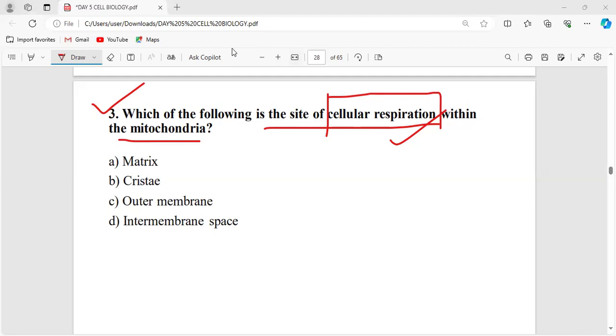And what will be the gross ATP? Whenever I'm asking how many ATP, you should always consider the gross. Gross will be 38. Total ATP production in the cellular respiration will be 38. And in case of net, you have to say 36, and 2 will be used in the synthesis process.